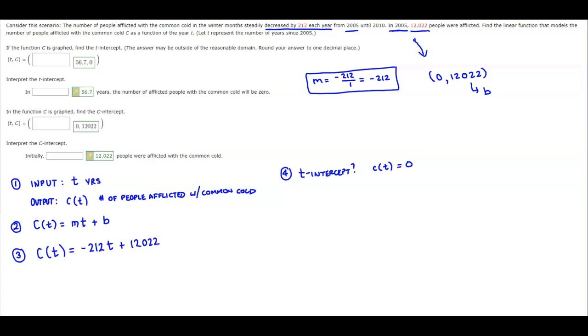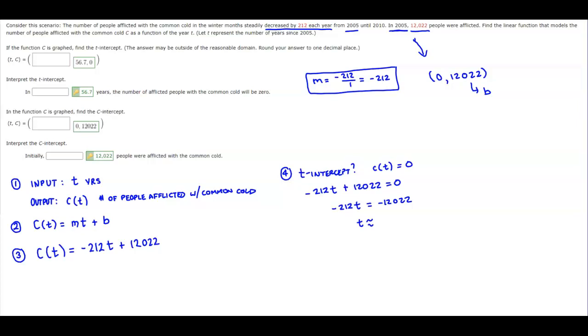So plugging that into our model, we have negative 212t plus 12,022, which is equal to 0. And then solving for t, we get negative 212t, which is equal to negative 12,022.